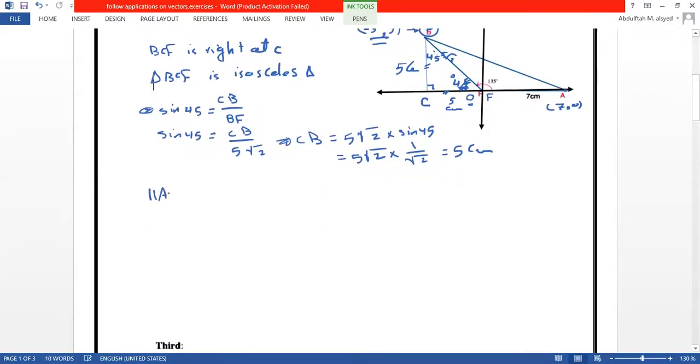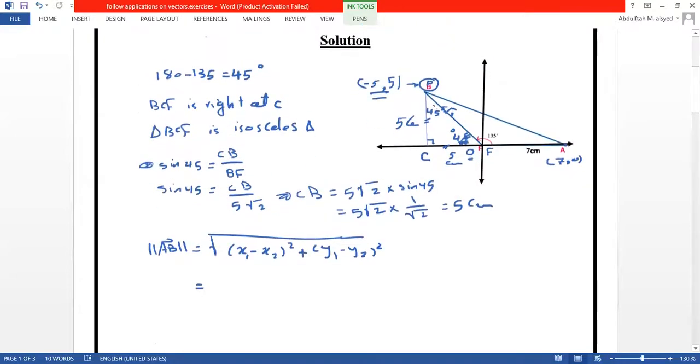Now we can find the norm of AB. The norm of AB is the distance of AB, which is the square root of (x1 minus x2) squared plus (y1 minus y2) squared. So the square root of (7 minus negative 5) squared plus (0 minus 5) squared.